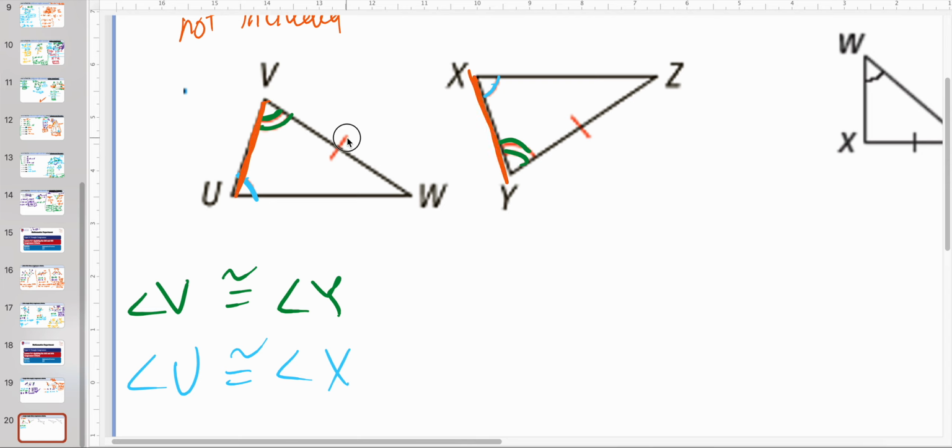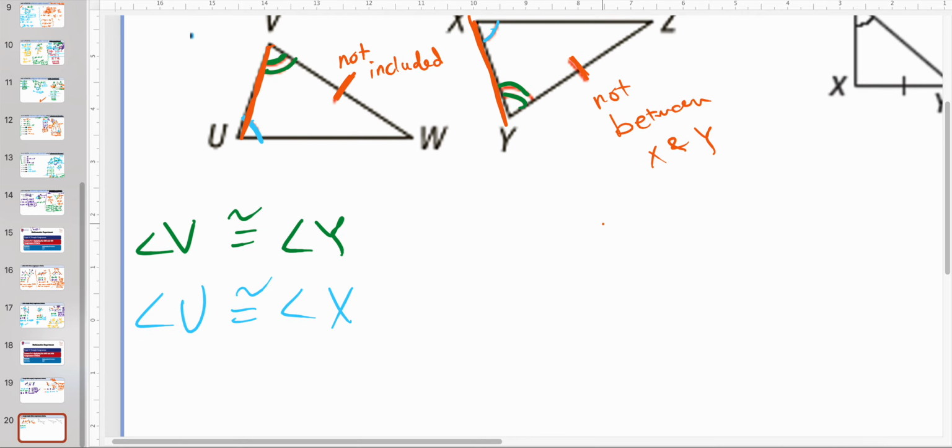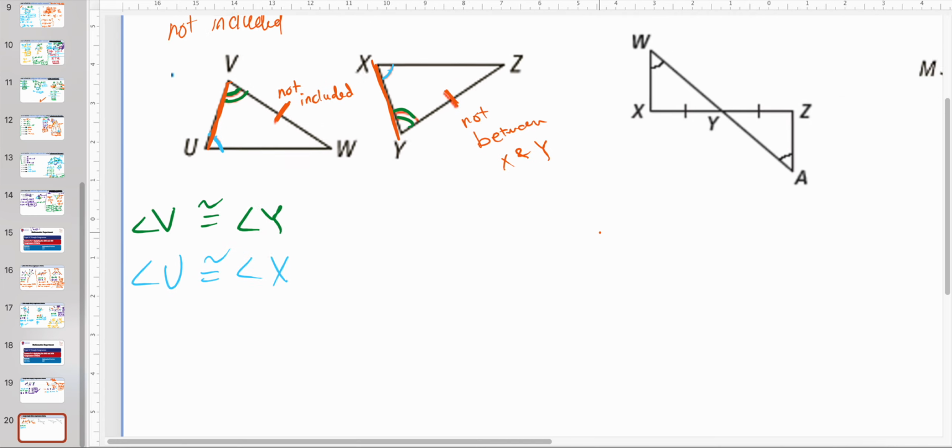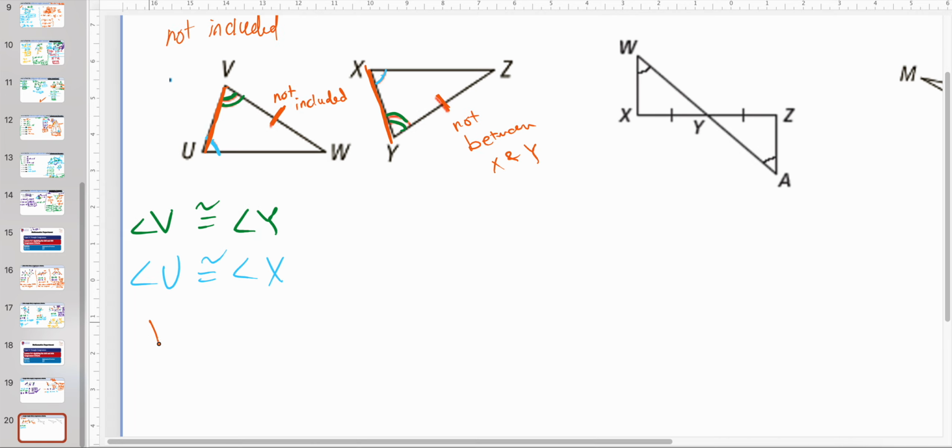So they chose another side, not included between the angles, not between them, X and Y. So in this case, I have a side, but guess what? It's not included. So the side VW is congruent to the side YZ, they said it.